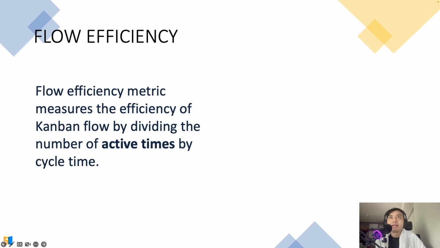The last metric that I want to share with you is the flow efficiency metric. It is a metric where we measure the efficiency of the Kanban flow by dividing the active time by the cycle time.